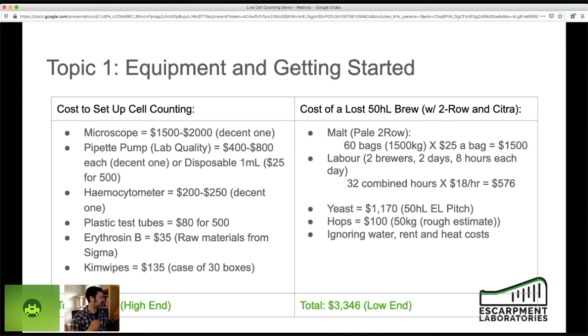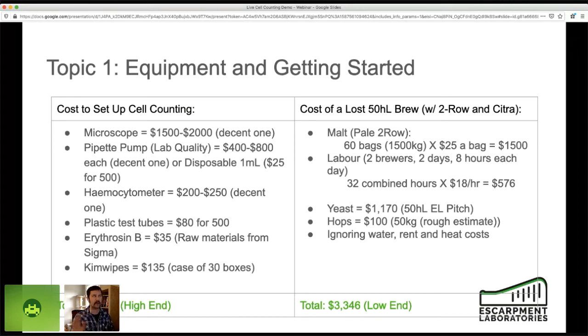You'll get a bag of them, and they'll generally look like this. You can work with those, and then you'll also want larger ones as well, 10 milliliter pipette tips, so you can actually pull out your sample and then work with it. Plastic test tubes, $80 for 500. Erythrosin B, $35 for the raw materials from Sigma.